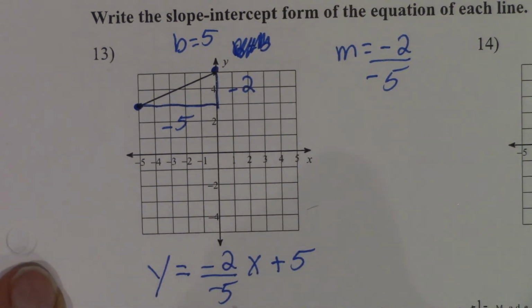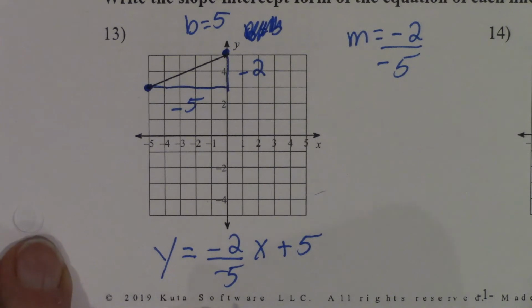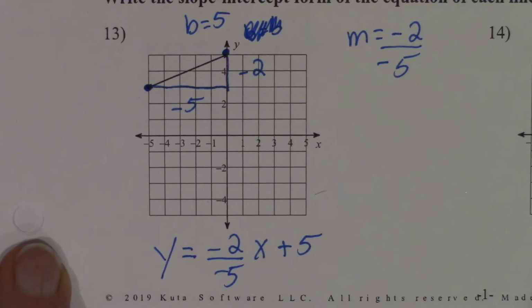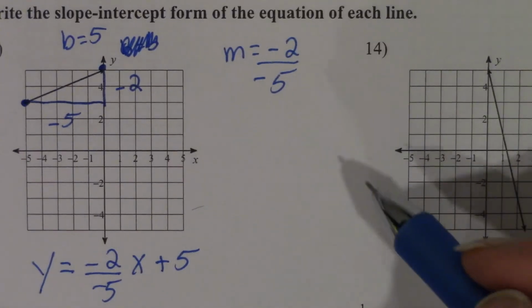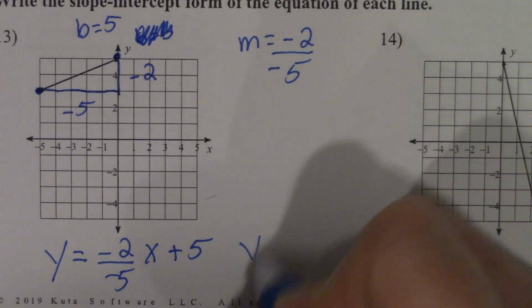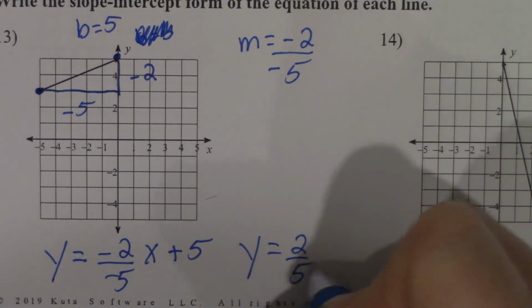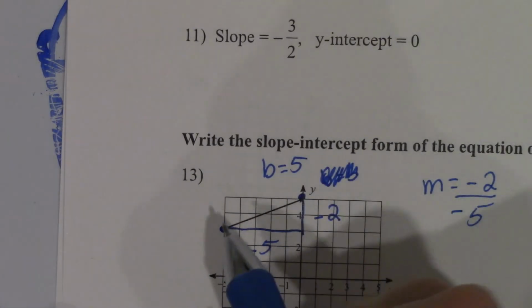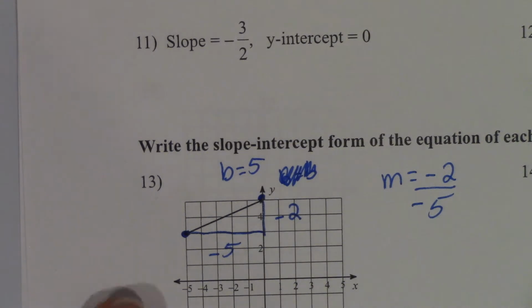Okay, now there's just something a little interesting here that we can simplify a little bit, because what is a negative divided by a negative? It's a positive. So I'm actually going to rewrite that equation, y equals 2/5 x plus 5. Okay, so if I started here like I normally would when I've been given 2 points, I usually go left to right.